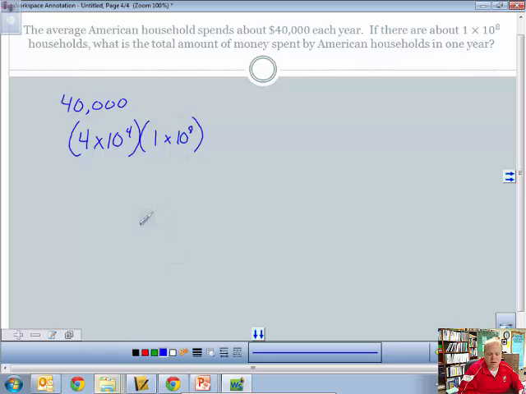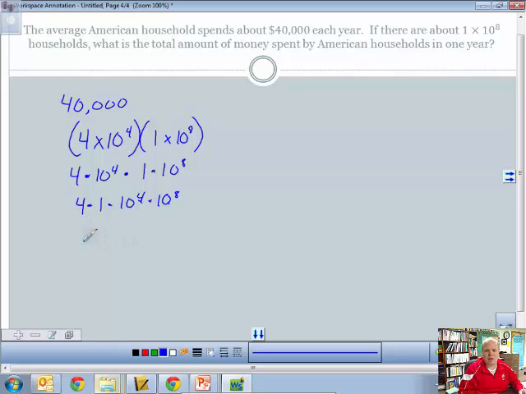Okay, and really what this all boils down to, let's look again, I have 4 times 10 to the 4th times 1 times 10 to the 8th. Now, I can use my commutative property here and change the order, so I have 4 times 1 times 10 to the 4th times 10 to the 8th, right?